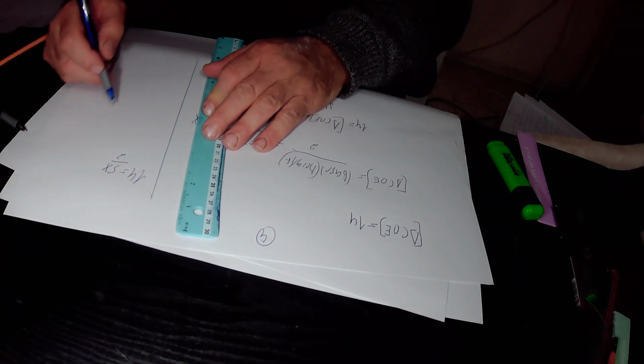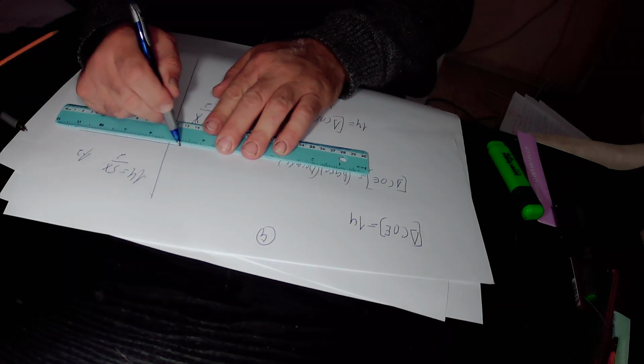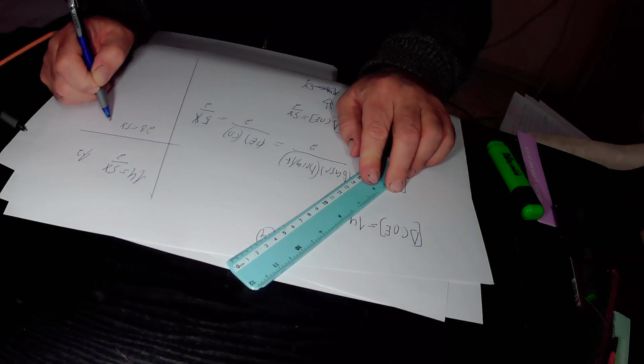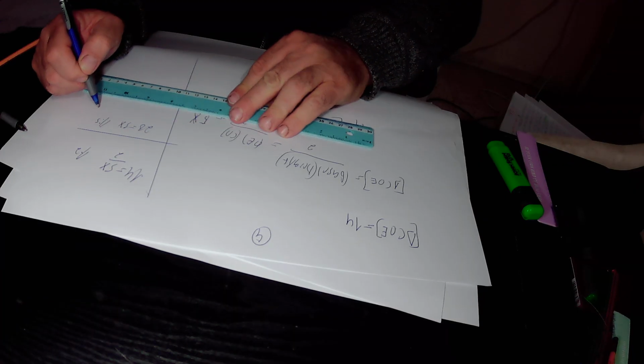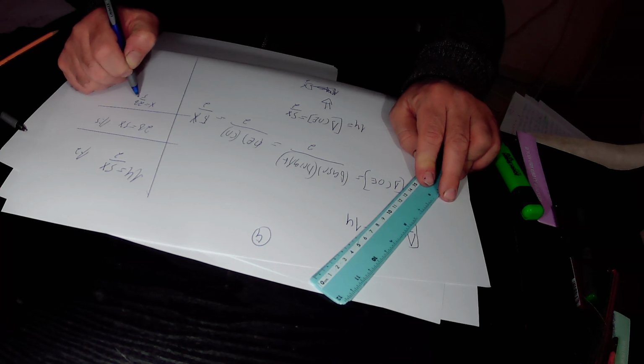Here we multiply this equation by 2, and finally get that 14 times 2 is 28, which equals 5x. Here we divide this equation by 5, and finally get that x equals 28 over 5. 28 over 5 is 5.6.